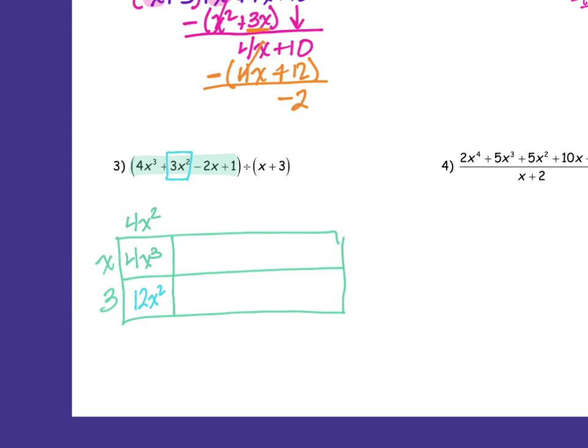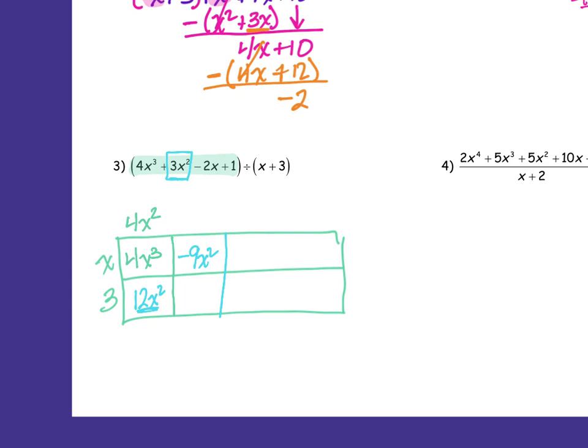Anybody? Do I have to ask the question again? What do I add to this number to get this number? Yeah, negative, so what goes in this box is negative 9x squared.